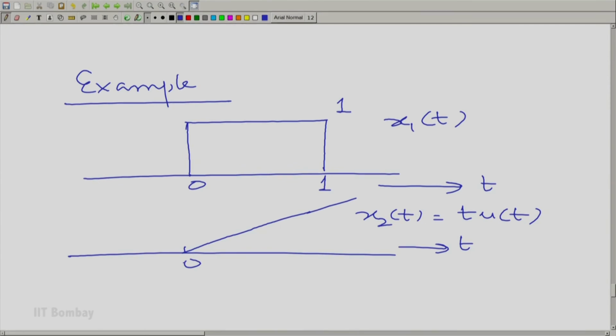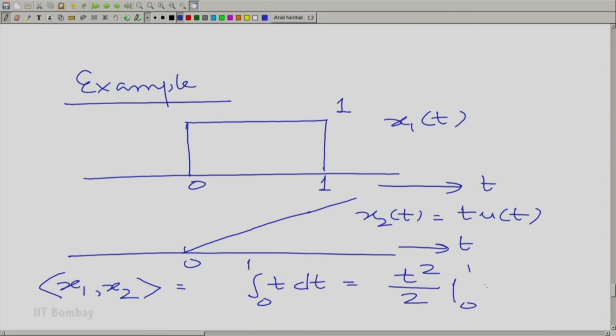And we can calculate the dot product of x1 and x2, which is very easy. It is essentially the integral from 0 to 1 of t dt, and that is an easy integral to calculate, t squared by 2 from 0 to 1, and that is just half. So, this is the dot product of the two signals x1(t) and x2(t). We have now understood how to calculate dot products of continuous time signals.